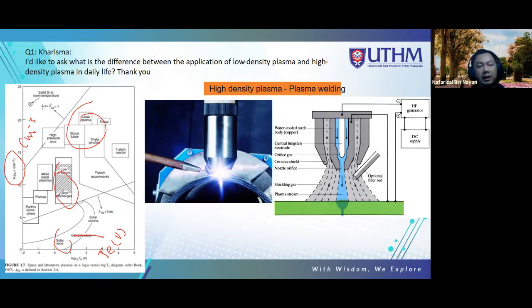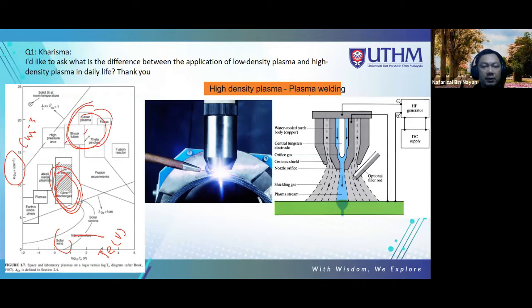So it is a low density and low temperature plasma. Most of the low pressure, low density plasma is what we use in the lab for microelectronic fabrication. But high density plasma is something like plasma focus, laser plasma, shock tube.